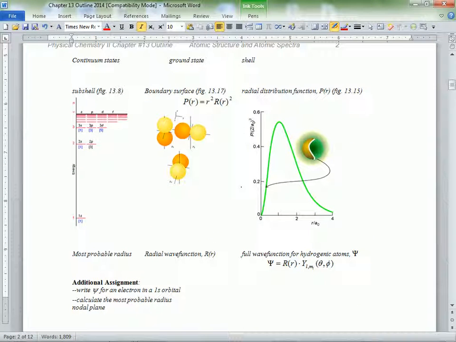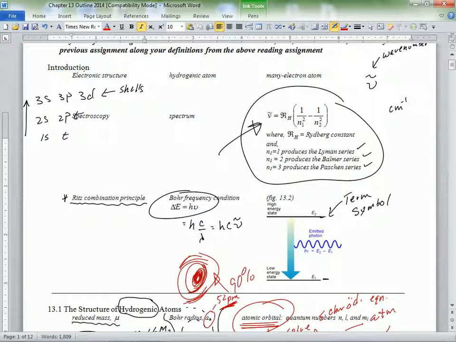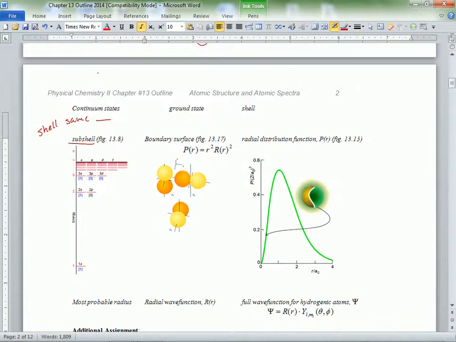Ground state. We talked about shell. Now they're using the word subshell. Shell was when you had the same which quantum number? The same principal quantum number, which is what symbol?